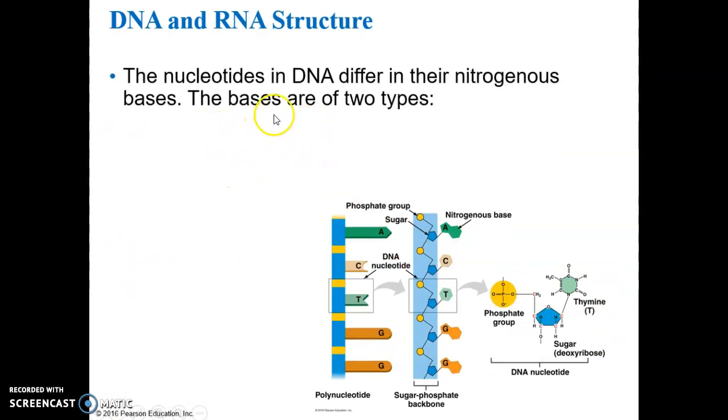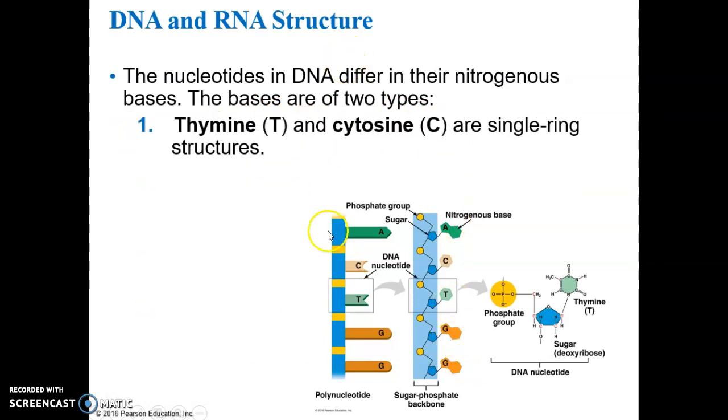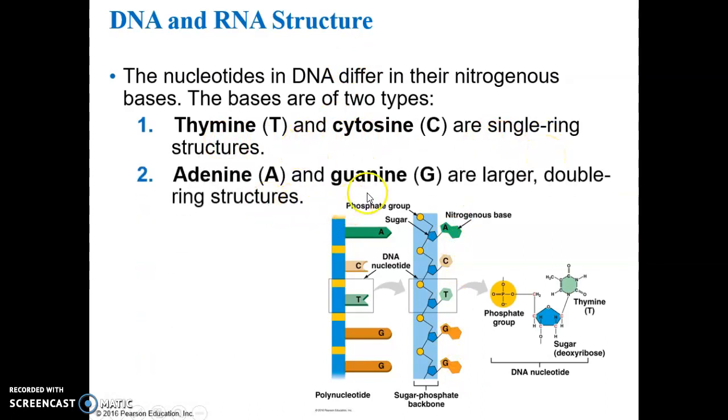So the nucleotides in DNA differ in their nitrogenous bases, right? There are two types. Thymine and cytosine are single ring structures, like that video mentioned, and then adenine and guanine are larger double ring structures. This is only showing you the thymine, meaning a base with only a single ring structure.